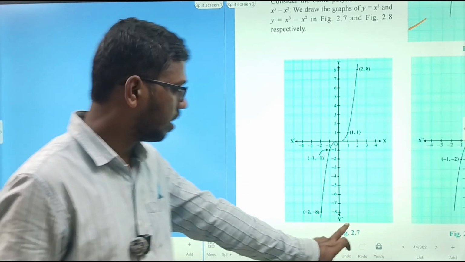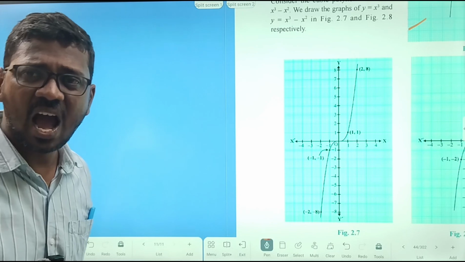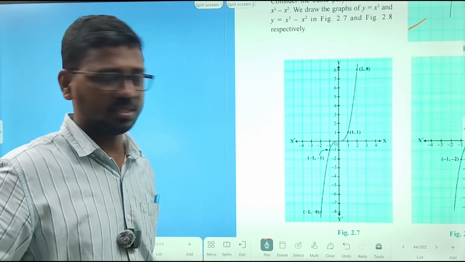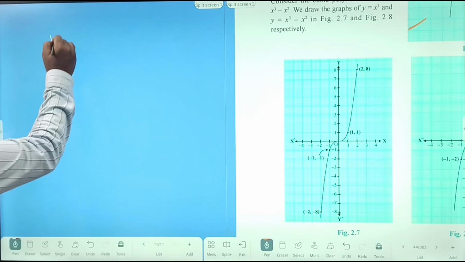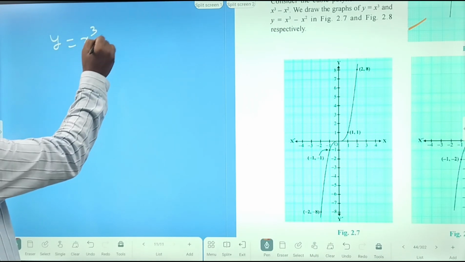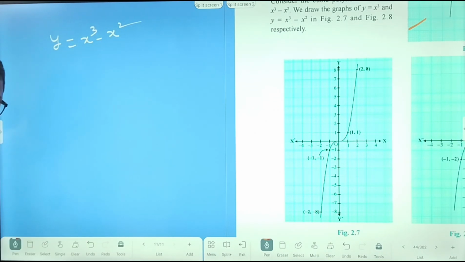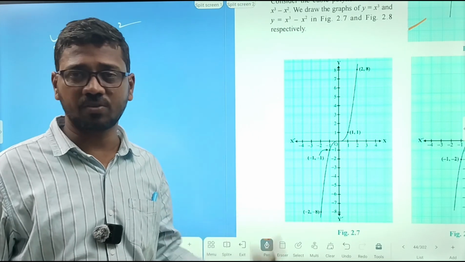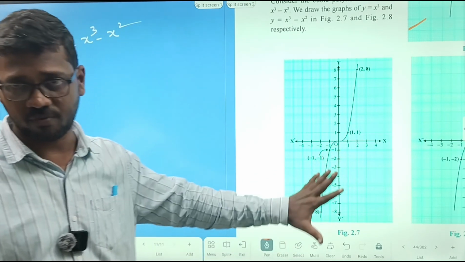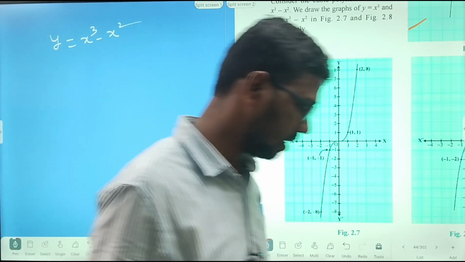This is graph 2.7. This is the cubic polynomial graph, corresponding to the cubic polynomial y equal to x cube minus x square. If you draw the graph for this cubic polynomial, you will get this graph. The geometrical representation is this.